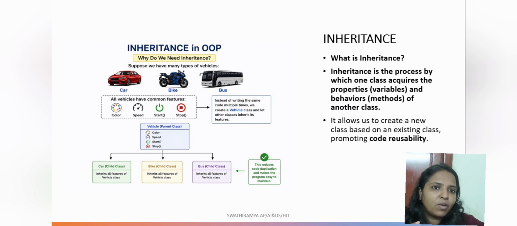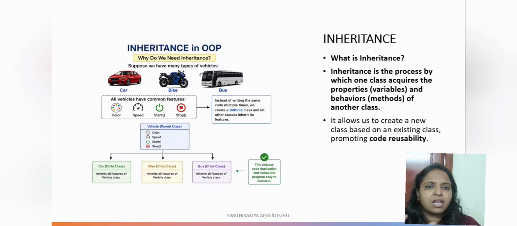For example, the parent class can be Vehicle, and the subclasses or child classes can be Car and Bike. For both Car and Bike, we will have similar functions like start and stop. These similar functions can be inherited from the parent class Vehicle, but they have some unique features also. For example, a car has functions like gear and acceleration, but a bike has a different kind of functionality.